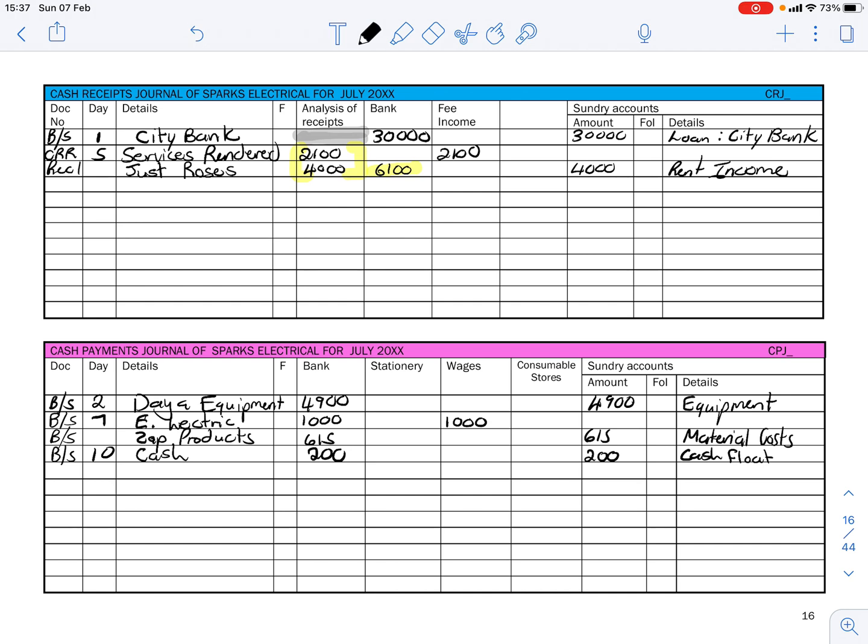Okay, on the 12th, fee income for electrical work was received and banked, 3,462 Rand. So we put in our date, which is the 12th. We have a CRR when we have work done. Work done also means services rendered.